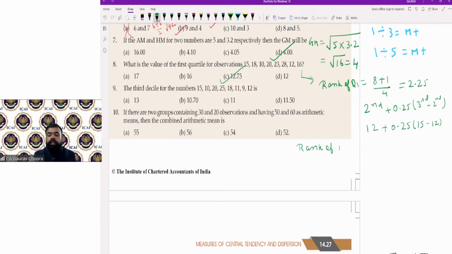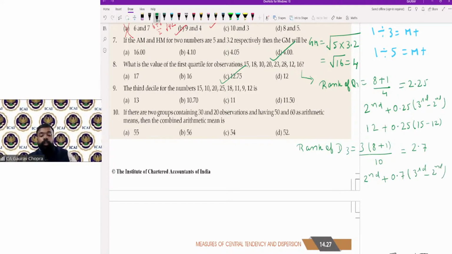Rank of D3 will be 3 into, how many numbers are there? 8 plus 1 upon 10. So it will give you 2.7.